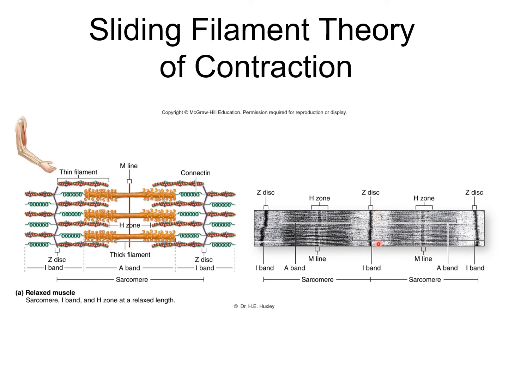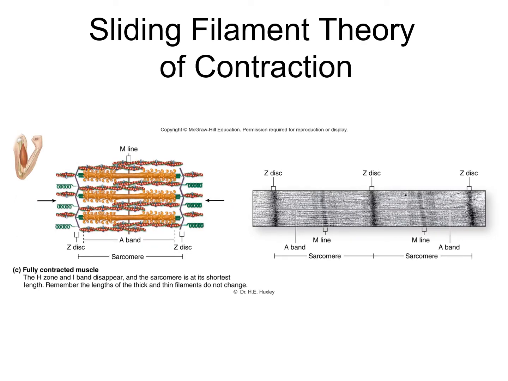And you can see the I band right there. When a muscle starts to contract, and you have full contraction, you notice that your I bands are going to actually get smaller. And why are your I bands getting shorter? Because your I bands are attached to the Z disc.